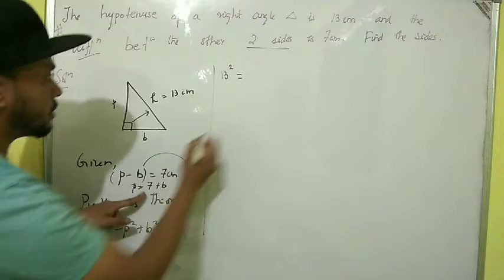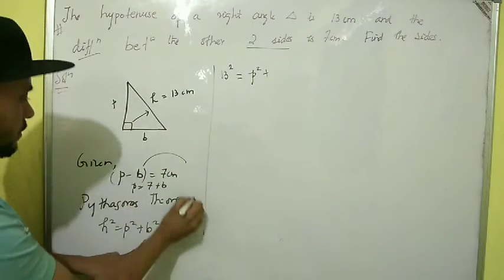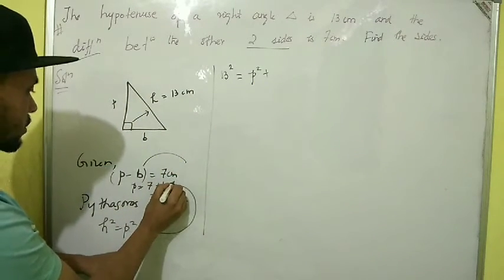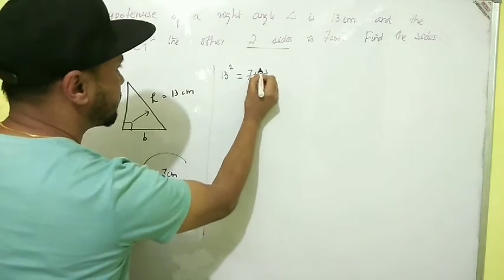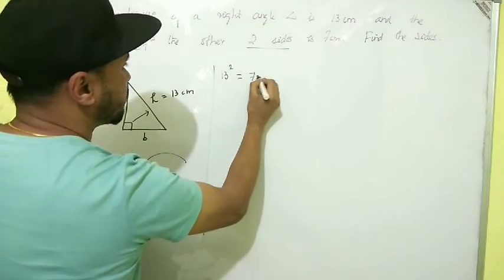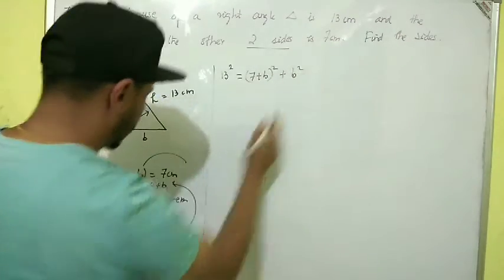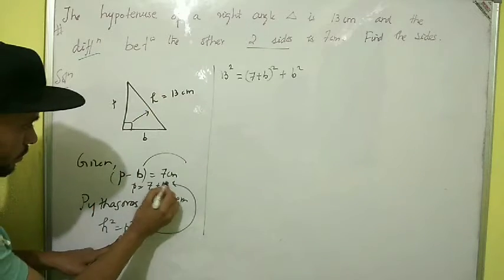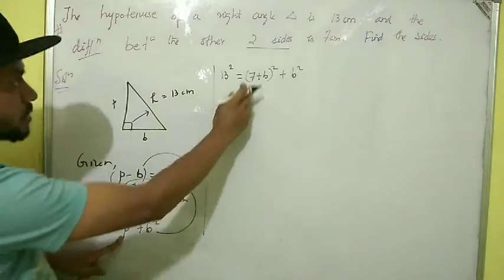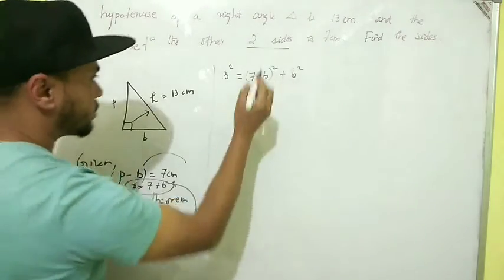Now we substitute the value of p as 7 plus b: 13 squared is equal to 7 plus b whole square plus b square.